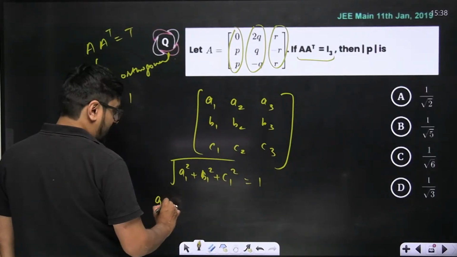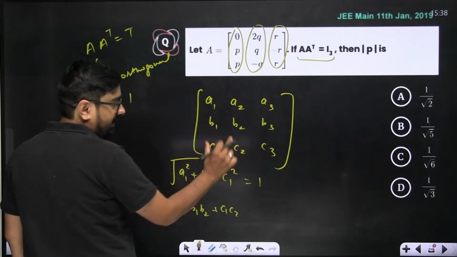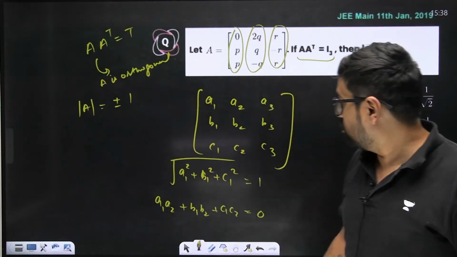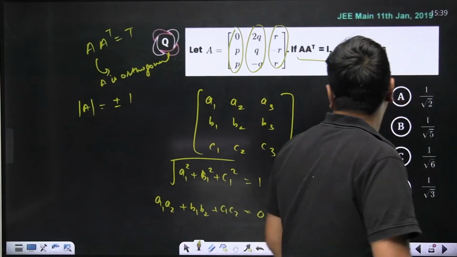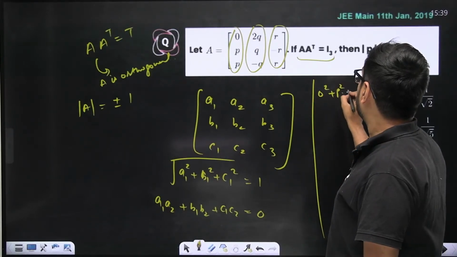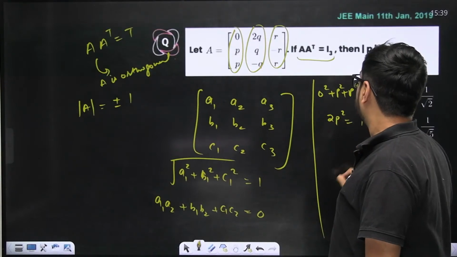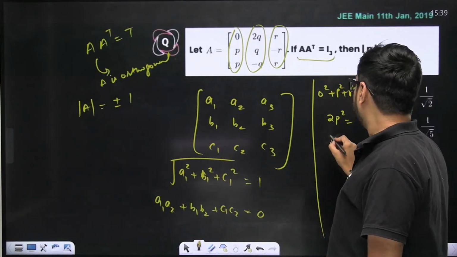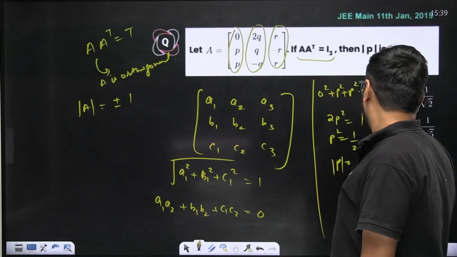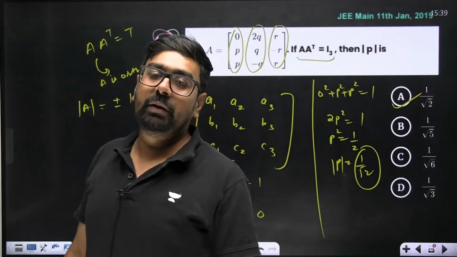Also, the dot product A1 A2 plus B1 B2 plus C1 C2 will be equal to 0. For example, in this case the column-wise magnitude is 0 square plus p square plus p square, which should equal 1. That means 2p square equals 1, so p square is 1 by 2, and the magnitude of p will be 1 by root 2. If you know these properties, only then will you be able to solve this question.